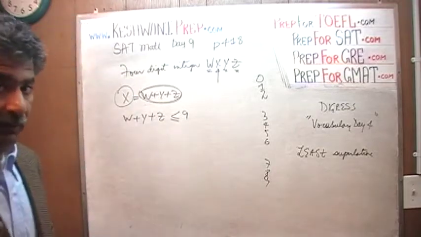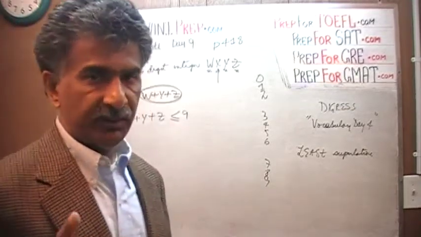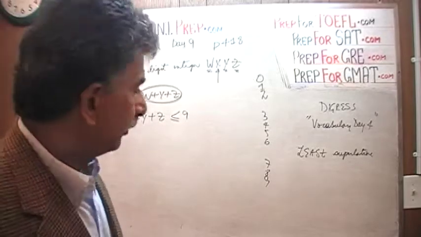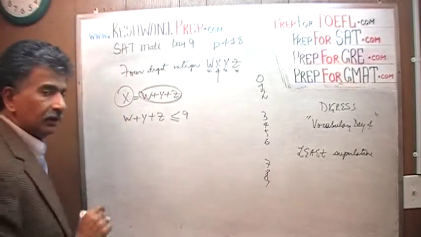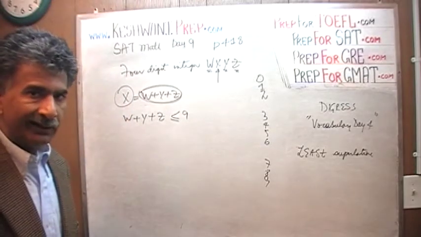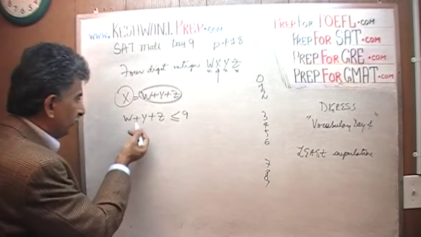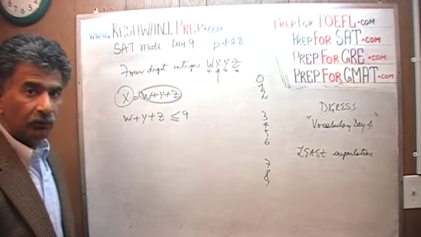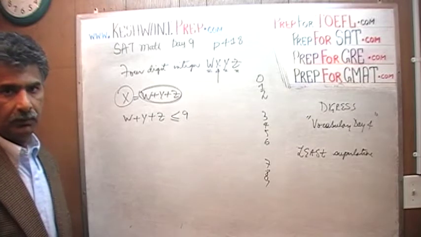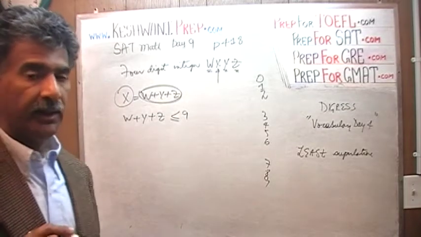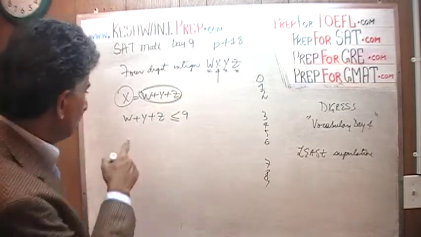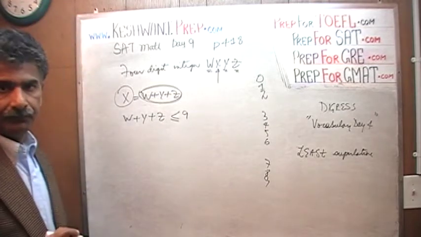We also know, not that it affects us here, that the sum of these three, can you tell me what's the lowest value it can take? What could be the lowest value of W, Y and Z? The lowest would be 3. Pause the video if you have to and think about it. Why is the lowest value 3?